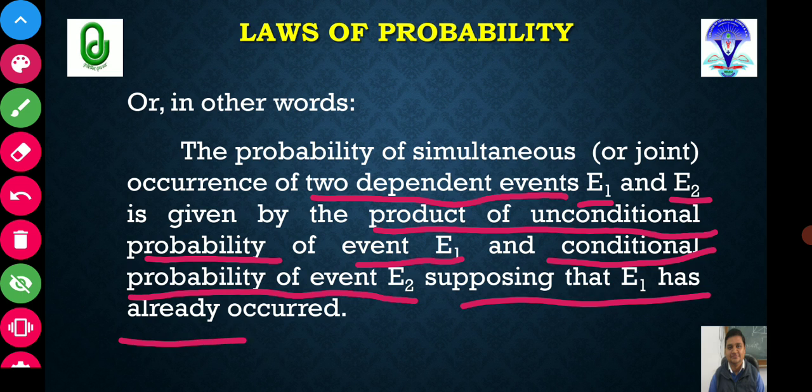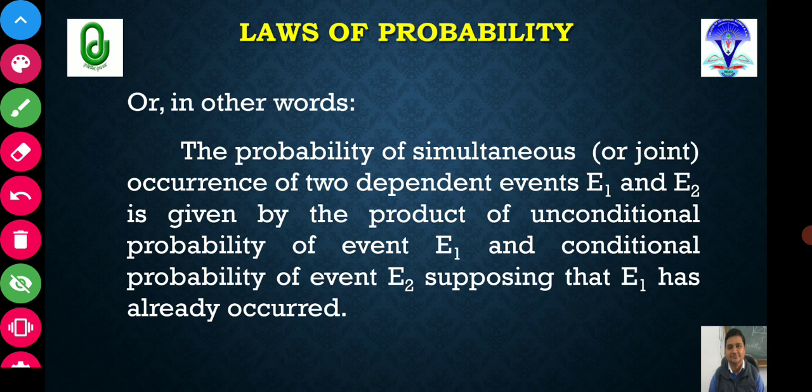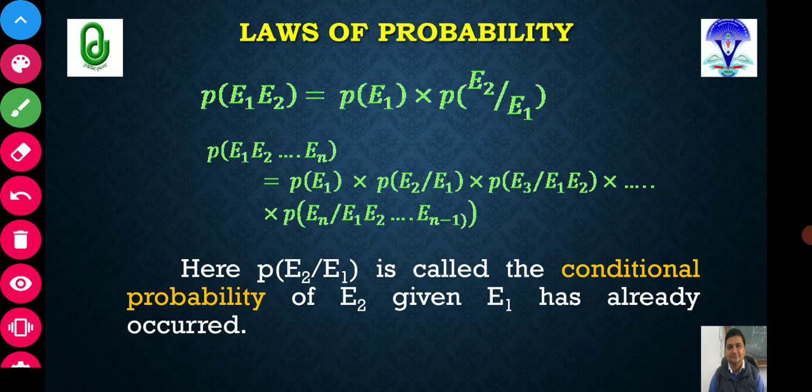We will see one example, then it will be clear. First we'll see the formula. The formula for two dependent events is P(E1 and E2) is equal to P(E1), the unconditional probability of event 1, into P(E2 given E1), the conditional probability of event 2.